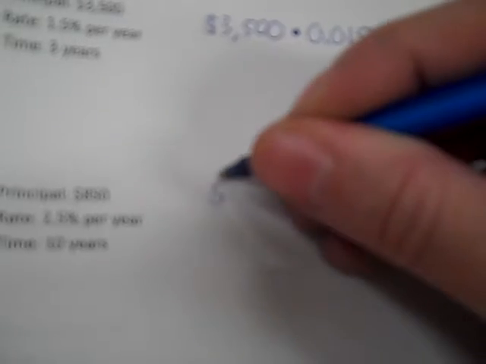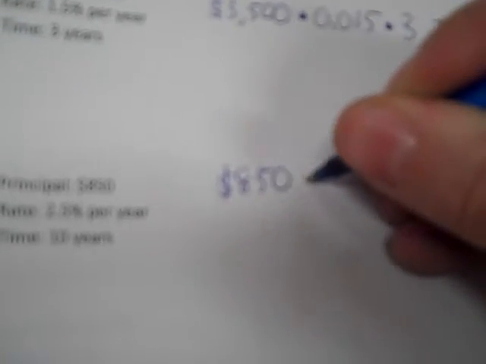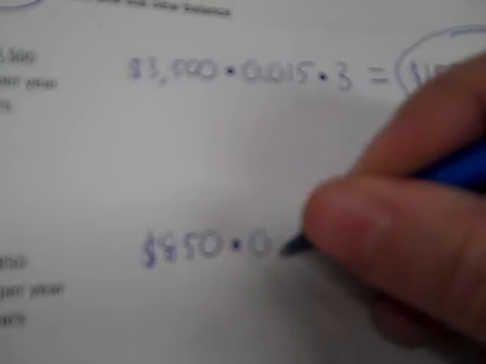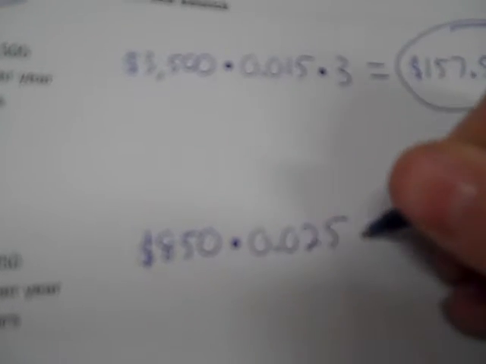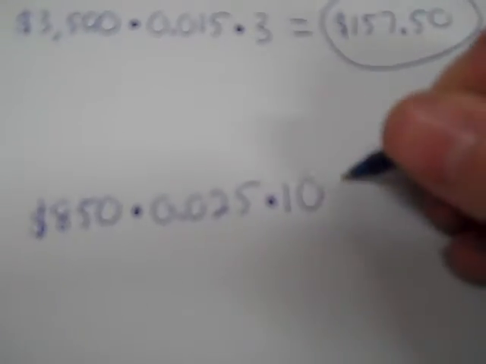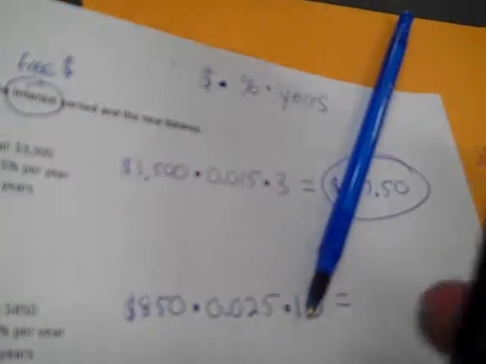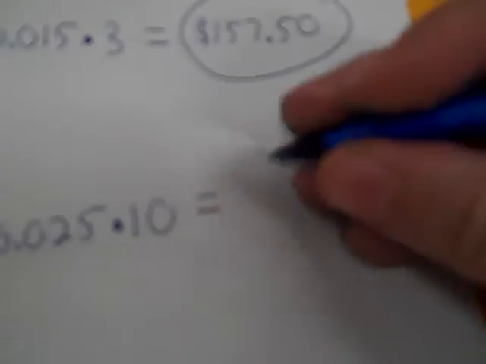Okay, that's pretty much all you do on this. You take 850, take the 2.5 divided by 100, 0.025 times the years, which is 10. So 850 times 0.025 times 10 is 212.5.